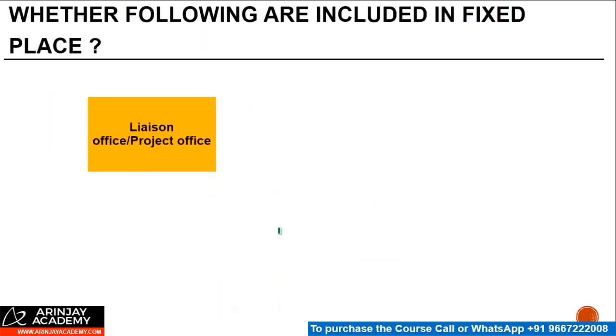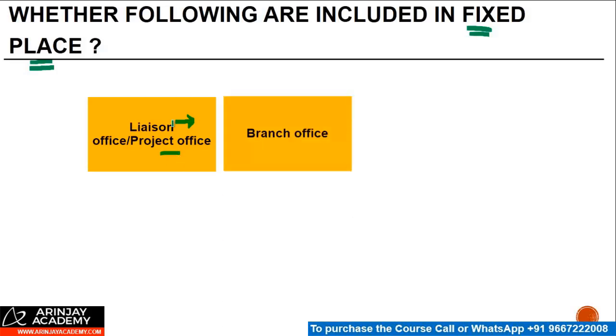Now, whether the following are included in fixed place, I'm not saying whether it's a PE or not. Please note, the only question is whether these amount to a fixed place or not. A liaison office, yes, but it does not constitute a PE if it is working in accordance with the specified guidelines. A project office, yes, it constitutes a PE as well. A branch office again is a PE as well as a fixed place.